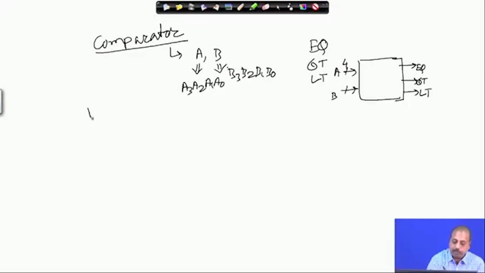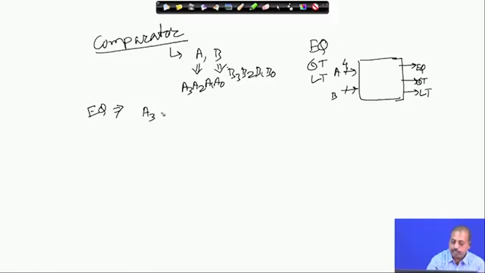So, the equation for the equality part: equality will be true when all the bits are the same. You have this XNOR gate that will represent this operation.